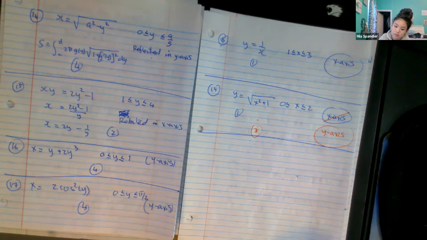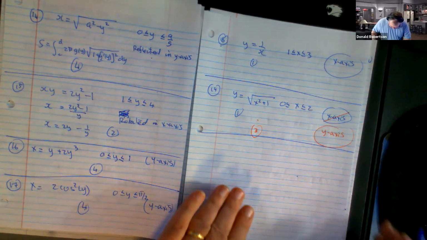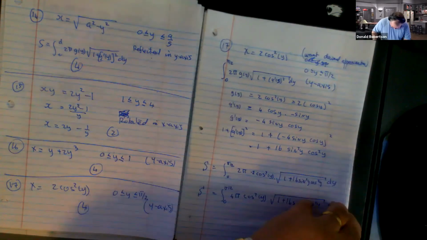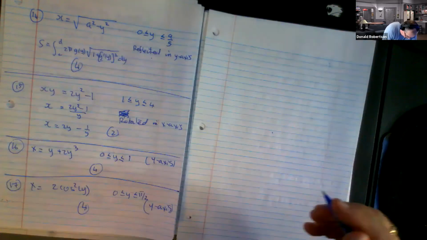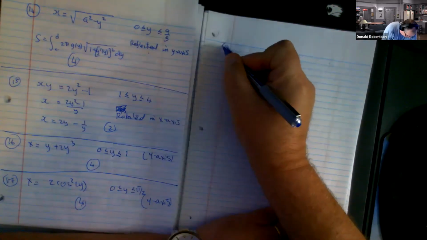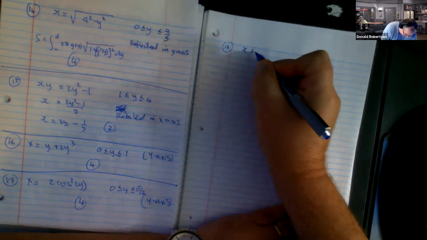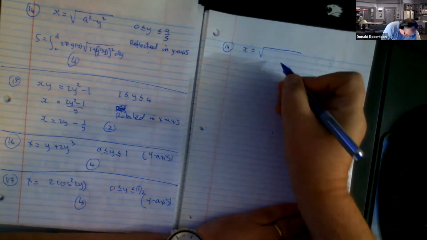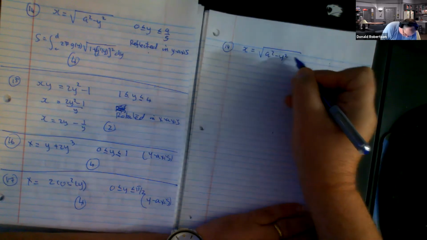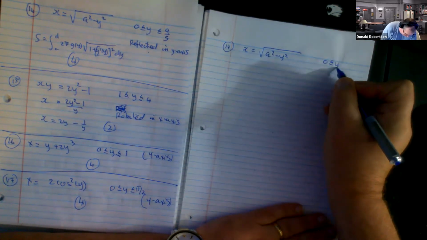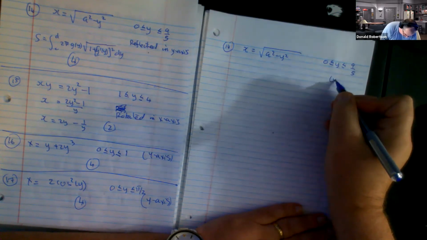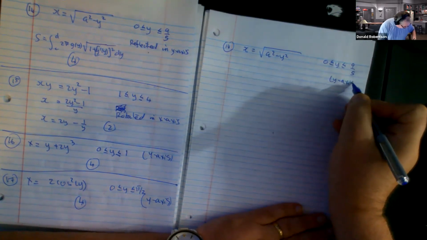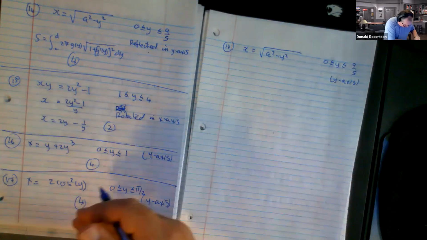Okay. Right, now 14 has some A's in it. That's a little bit different. I haven't seen that. So for question 14, X is going to be this guy. And since it's been rotated about the y-axis, we're going to use our fourth formula.